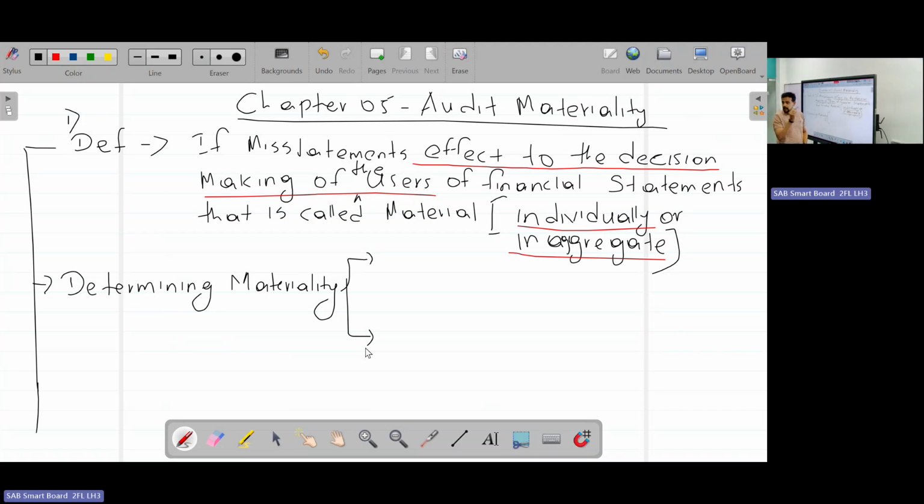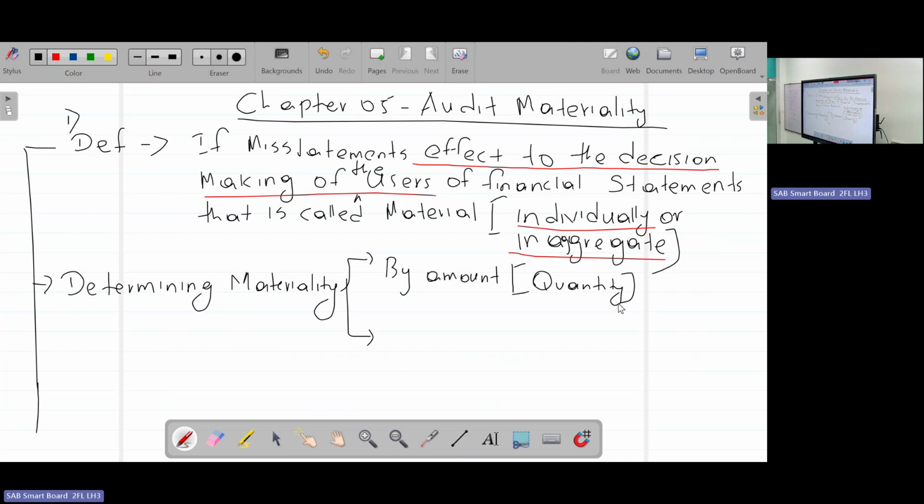You can take two ways. Number one, by quantity, by amount. By amount you can define this is material and these transactions are not material.